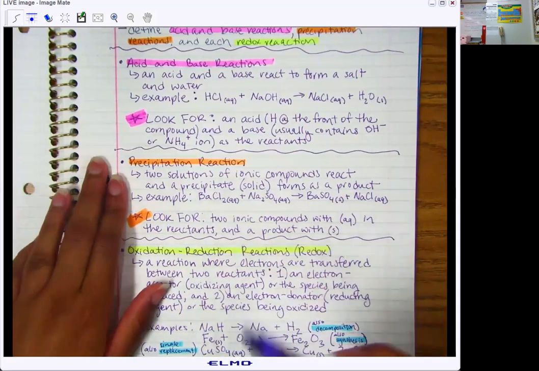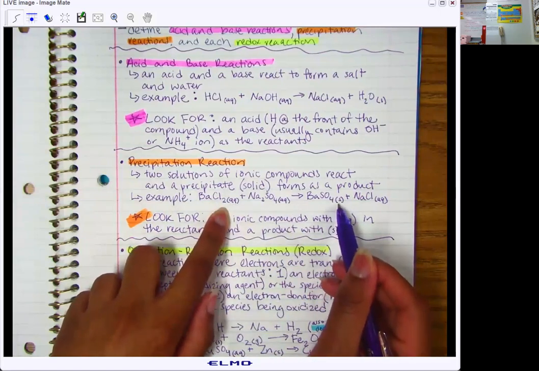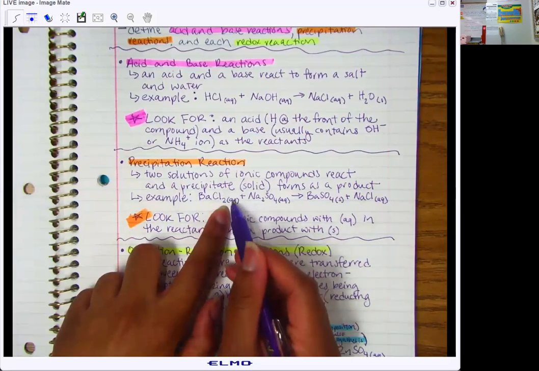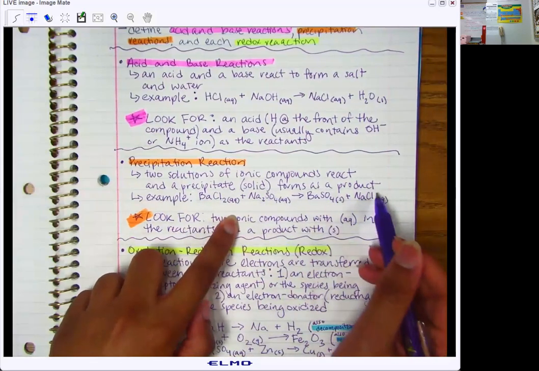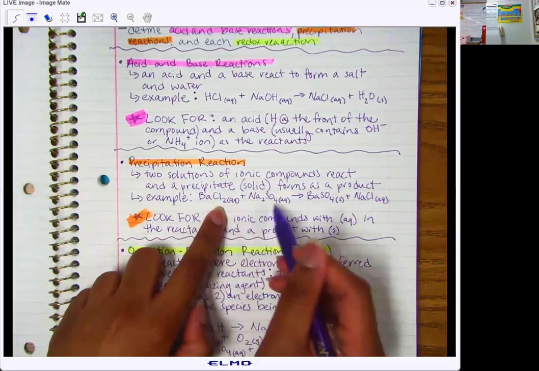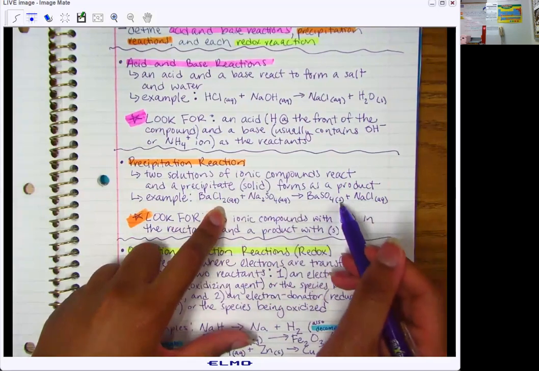You might have noticed that I've been using these little parentheses with a couple of letters, or sometimes just one letter inside of those parentheses, next to the formula for a compound. And these little letters in parentheses are simply indicating the state of matter. So if you see an S as the state of matter, you're looking at a solid.